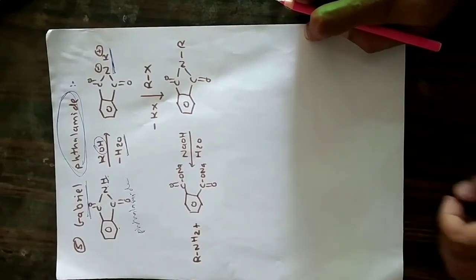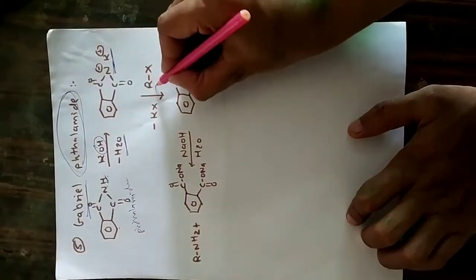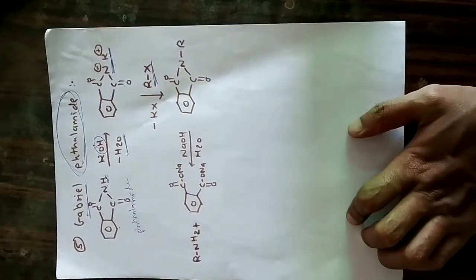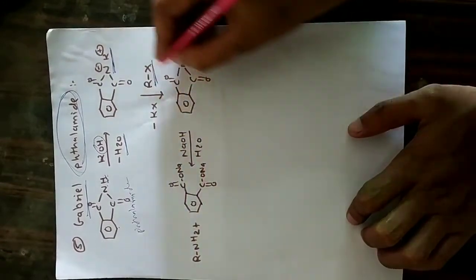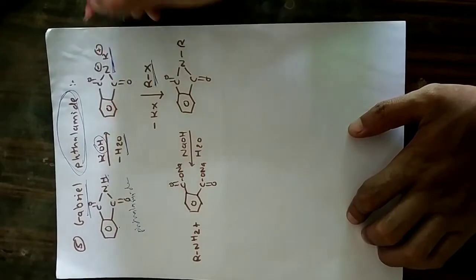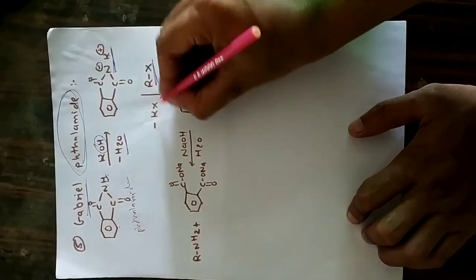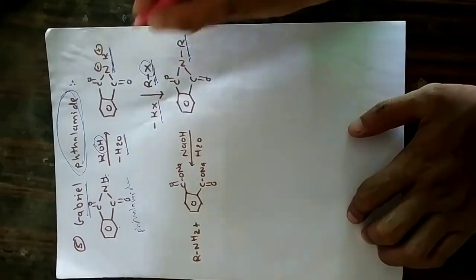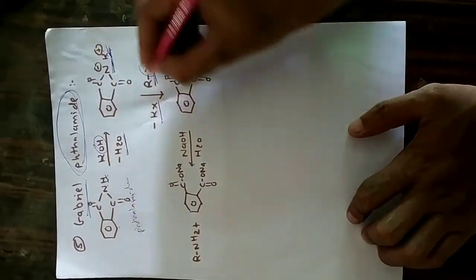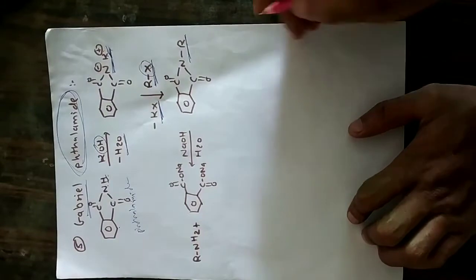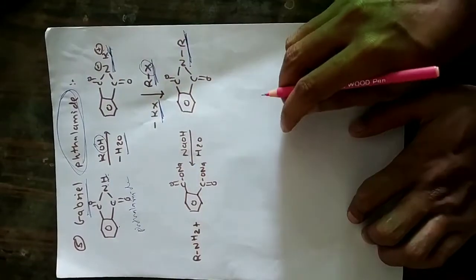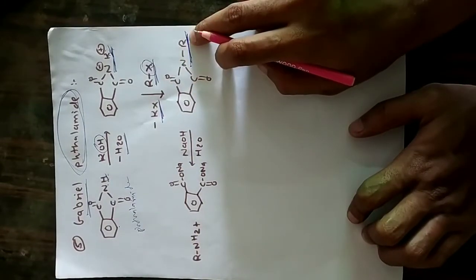Now in next step, we are going to react alkyl halide here. So instead of this K, just attach R, removing KX, this X and K both will combine to form KX. So here we get N-R as product.